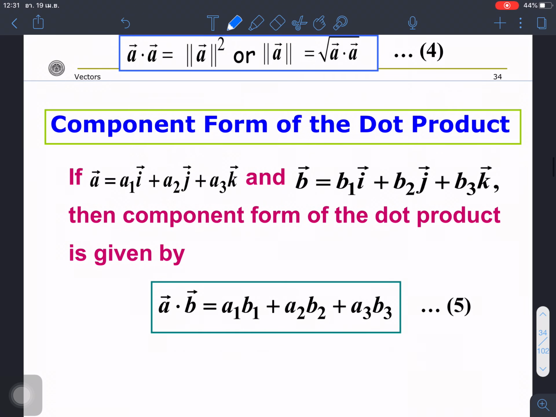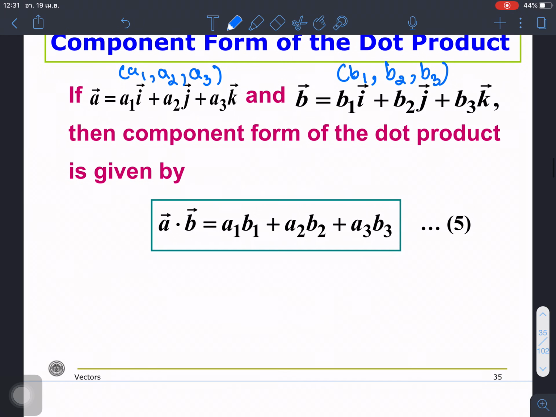You can find it using this property. Given a vector A written as A1, A2, A3, and B as B1, B2, B3. This is for 3-dimensional; for 2-dimensional, everything works the same, you just ignore the last coordinate.